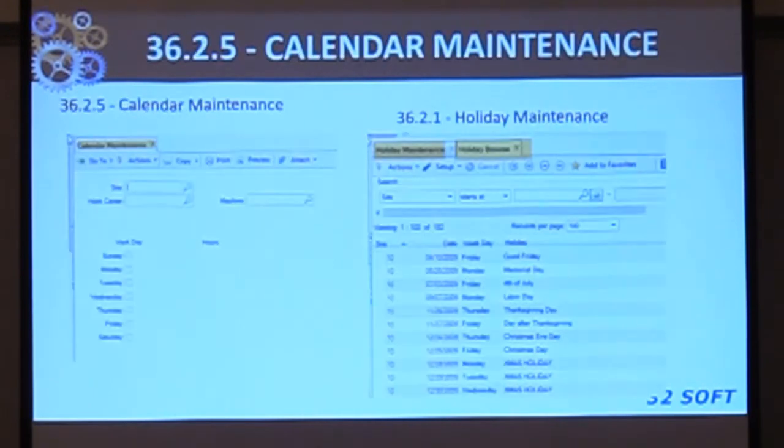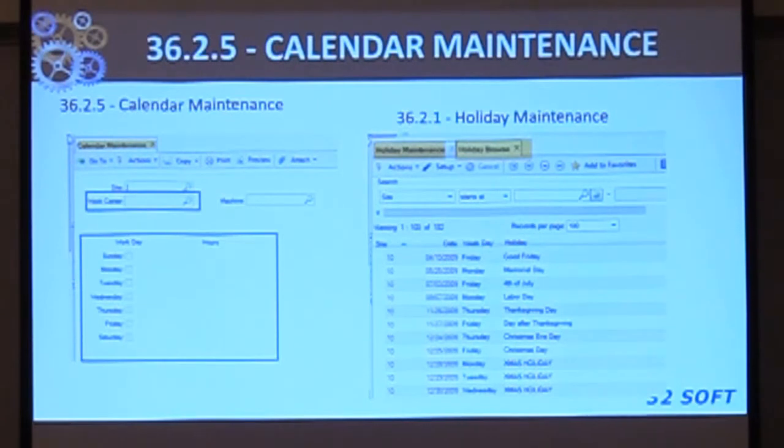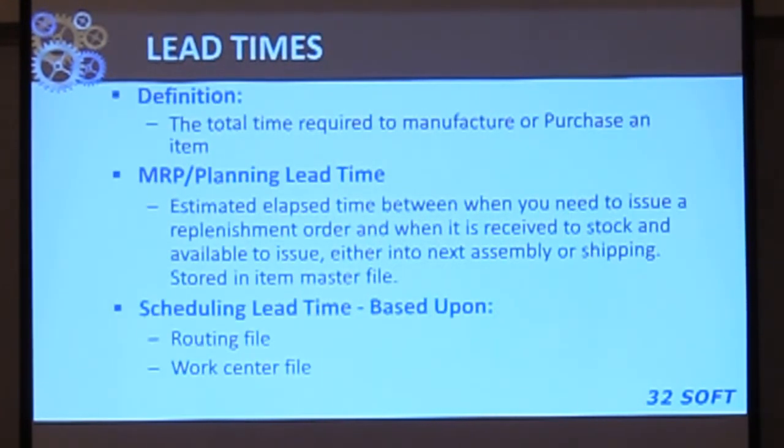We'll run through some of those calendar dates. 36.2.5, you need to define for the work center of the site the hours that you're going to work for a particular work center, and you also have to define the holidays that are going to be had so that QAD can take that into account when it schedules.